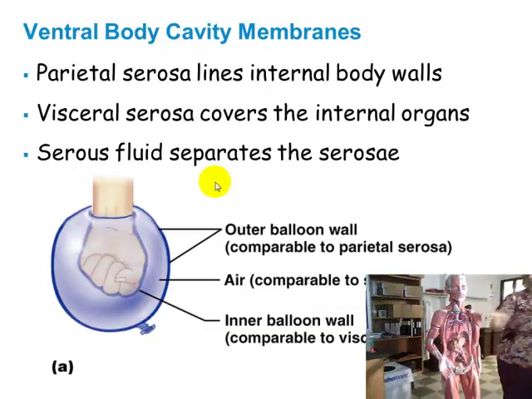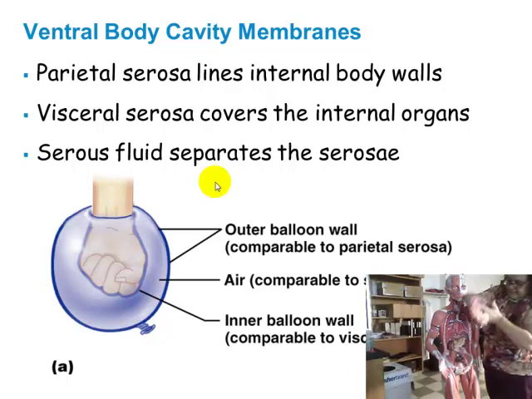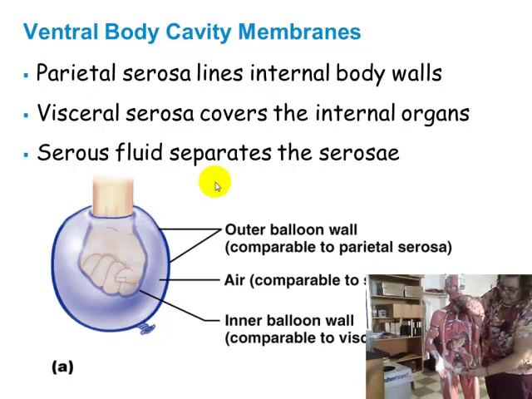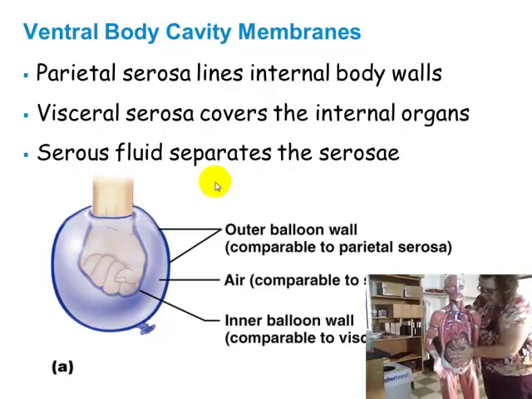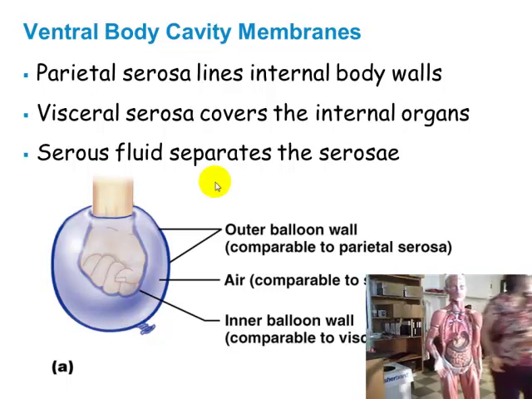In terms of these body cavities, when I put these organs back in, I just put the organs sitting on top of one another. Okay, that's not the case in the real body. In the real body, each of our organs has a membrane surrounding it, and that membrane helps to protect it and prevent friction. Okay, we call those serous membranes, and those serous membranes have two sides to them.